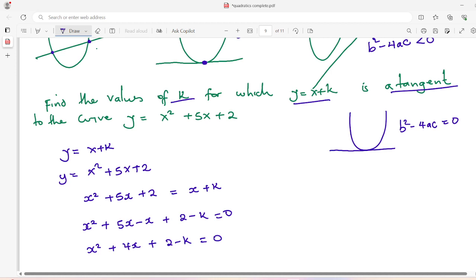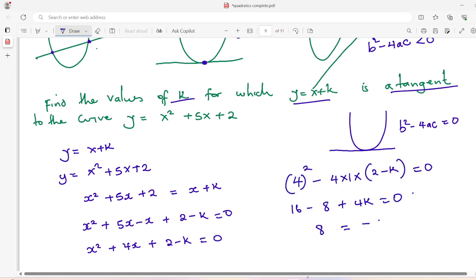So next, after bringing the idea of a discriminant, b squared, we shall say 4 squared minus 4, a is 1, and the c is 2 minus k equaling 0. So we shall have 16 minus 8 plus 4k equaling 0. So this is going to be 8 equaling negative 4k. I divide by negative 4, I divide by negative 4, and I get my k, which is negative 2.